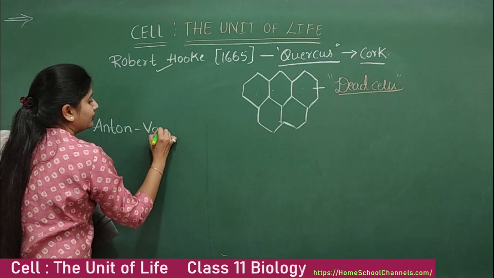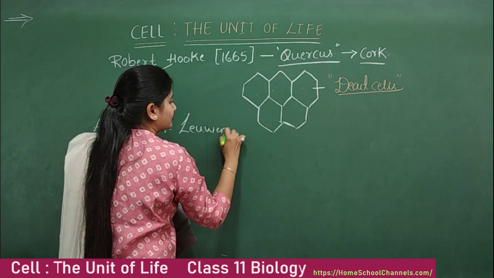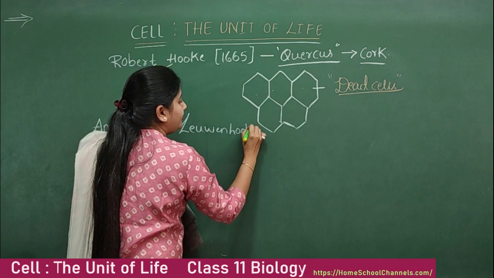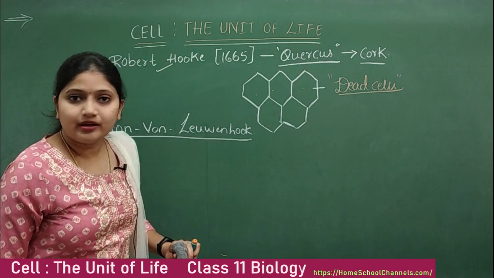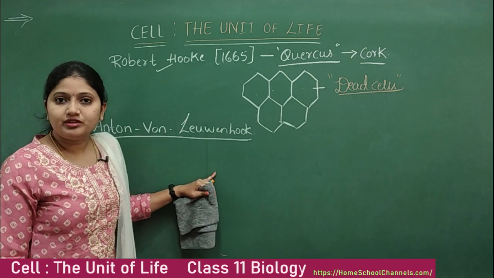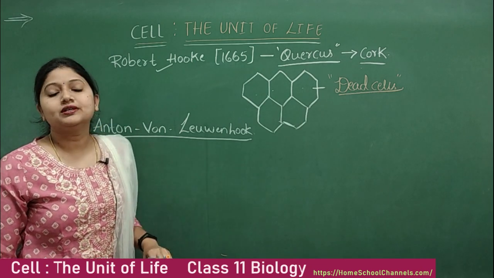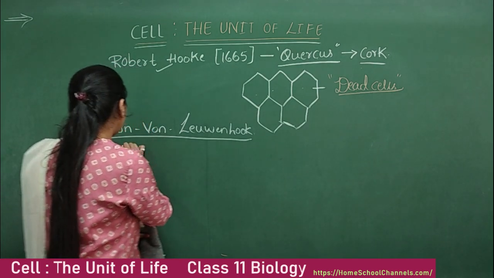Fine. Then next, another person, Anton van Leeuwenhoek, who is also called the father of microbiology, and who has been credited with the invention of the microscope. He is the person who actually studied the living cells of the plant.